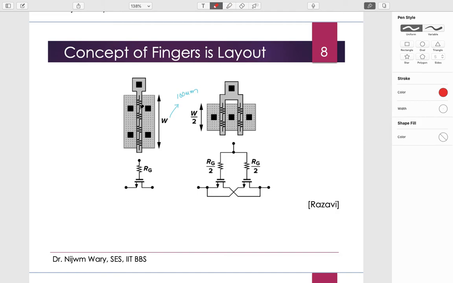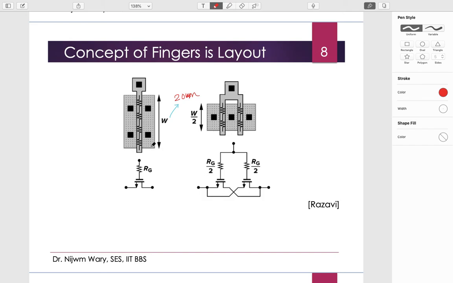There will be a good amount of resistance along this. Not even 100 micrometer; even around 10 to 20 micrometer can be problematic. Because of this R, there will also be a C associated with it. Because of this RC formation, it can affect even the speed of operation.